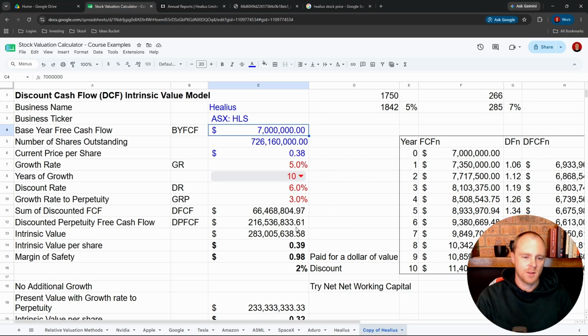But in order for this valuation to work out, we've still kind of got that growth rate where we know that revenues are hopefully going to be tracking along and staying flat at that 5%. We've still got our fixed current price per share of 38 cents, and we've still got our number of shares outstanding. So to get a valuation that makes sense, they're pricing the business with a free cash of $7 million, which is a huge difference compared to if we just use the free cash flow equation.